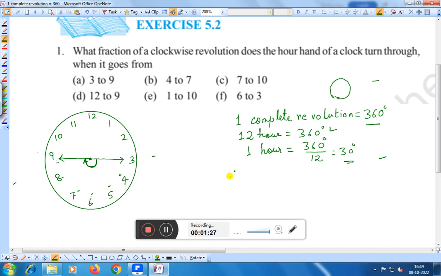Therefore, you can say that 6 hours is equal to 30 degrees into 6, that is 180 degrees. It goes 180 degrees. So, what is the fraction?